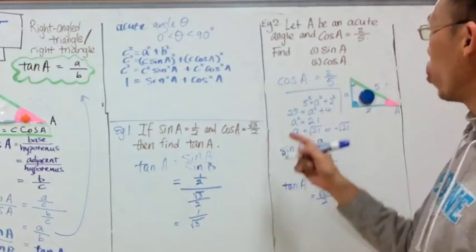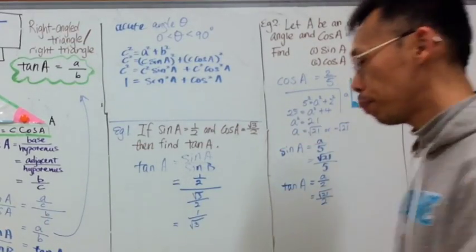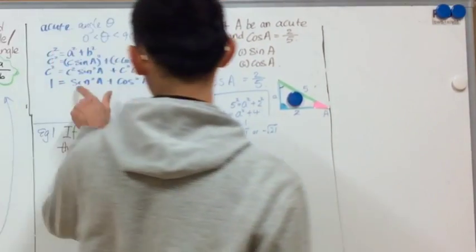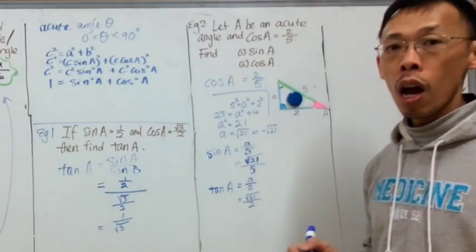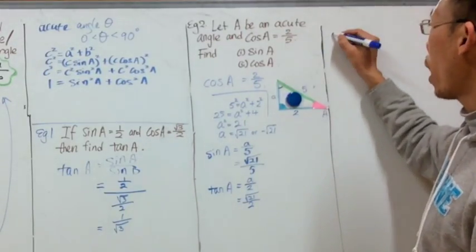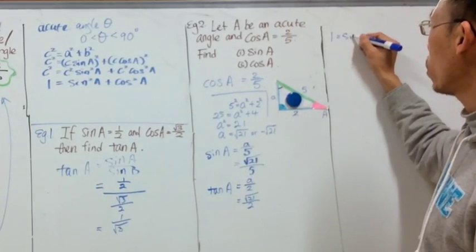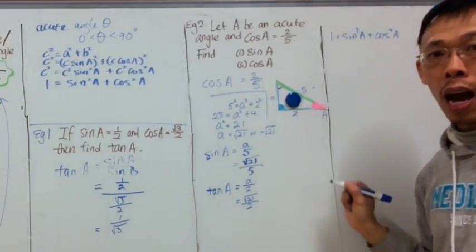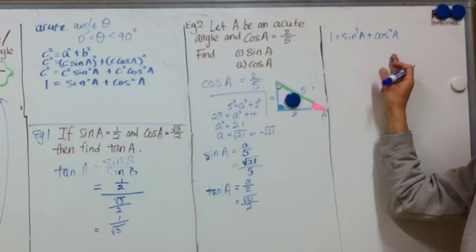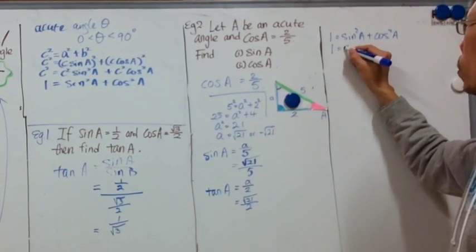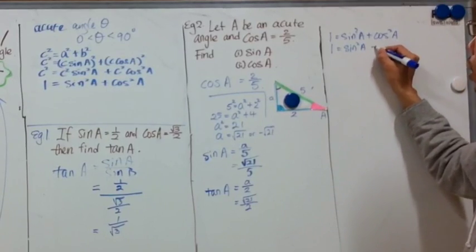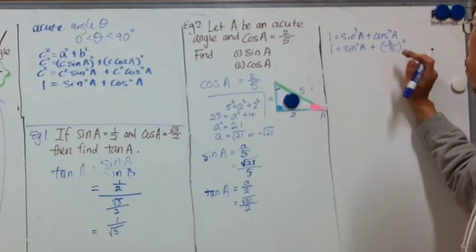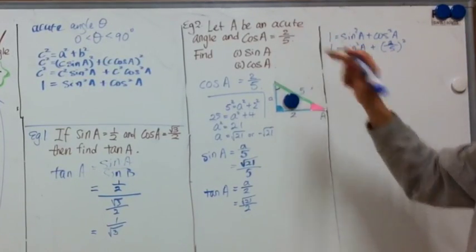In fact, this formula can be used to solve question number 2. I know that 1 is equal to sine squared A plus cosine squared A. This is basically the Pythagoras theorem. Sine squared A I don't know, but cosine squared A in this case is 2 over 5, everything squared.